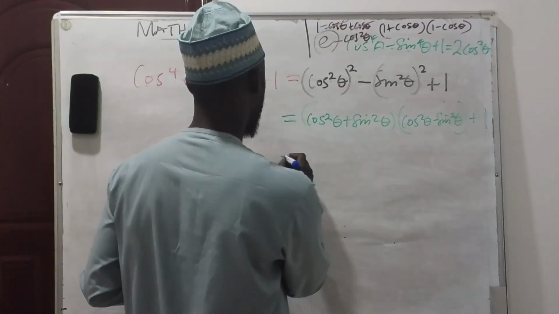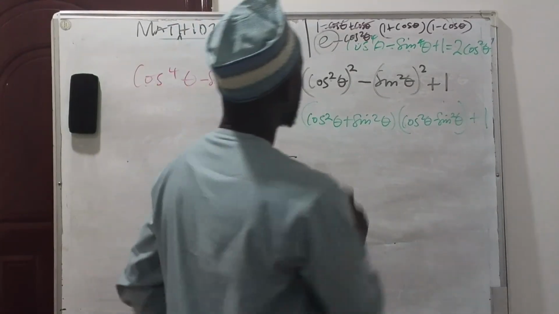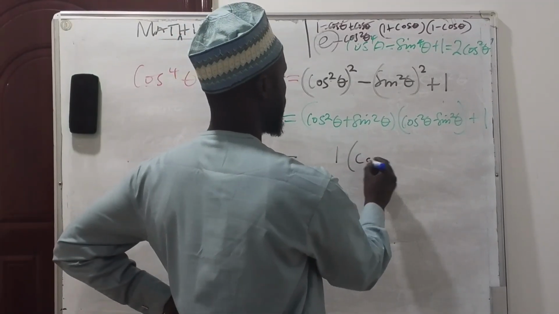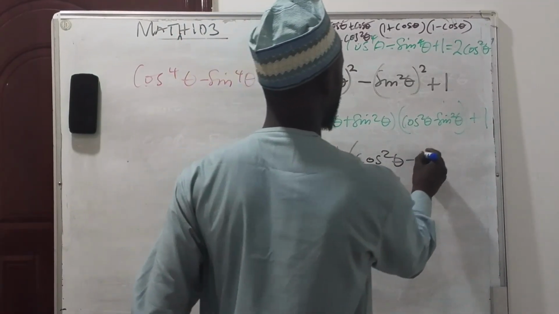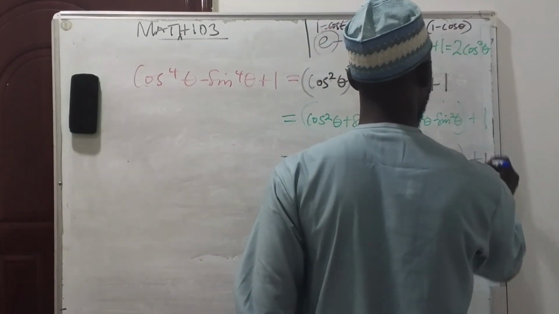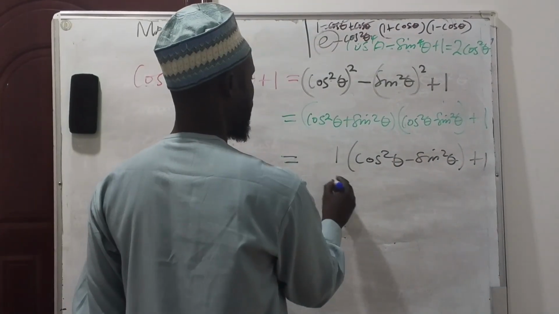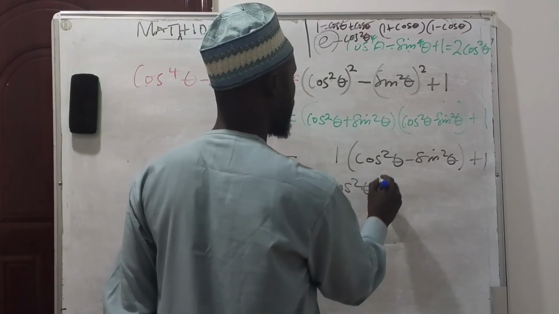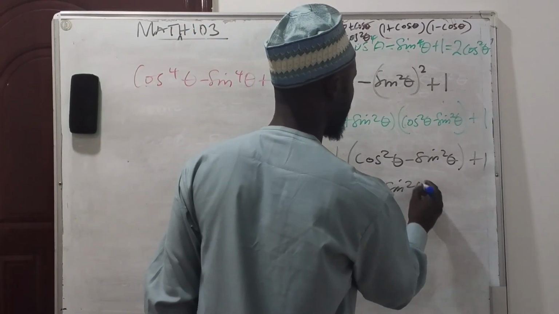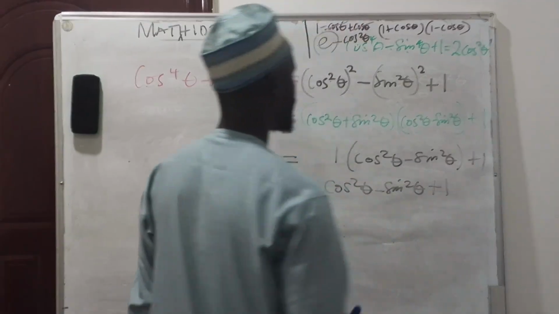So this is cos square theta plus sin square theta, which is 1, times cos square theta minus sin square theta, and then plus 1. That gives cos square theta minus sin square theta plus 1.